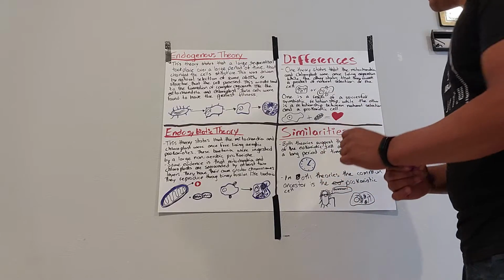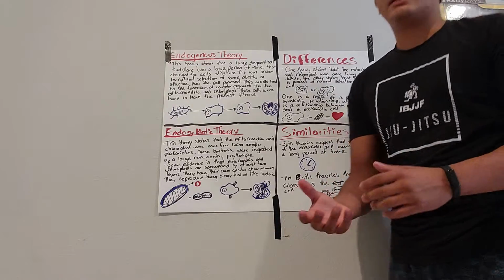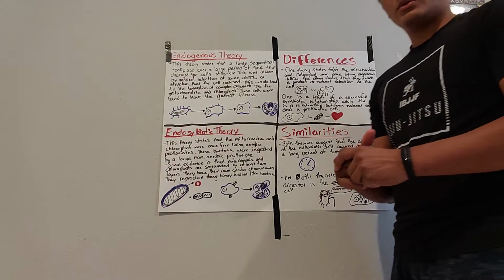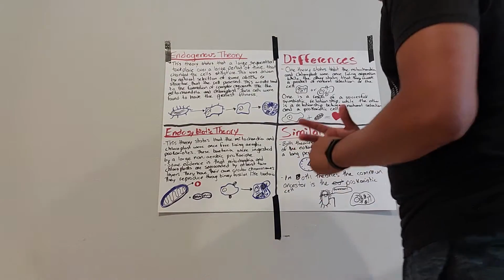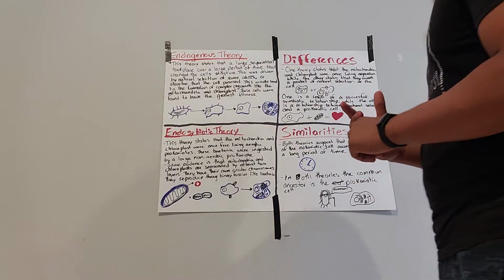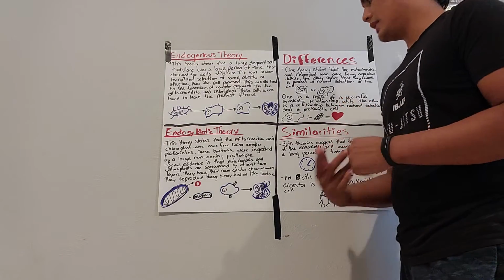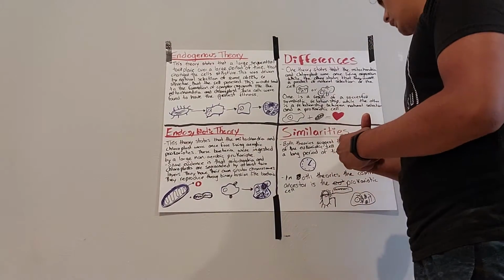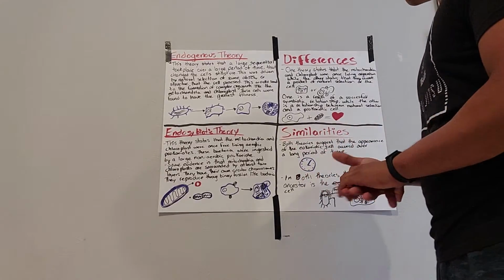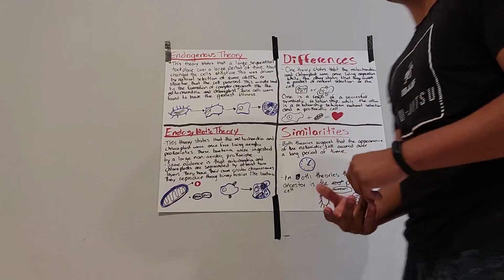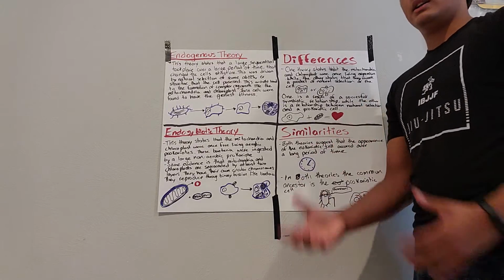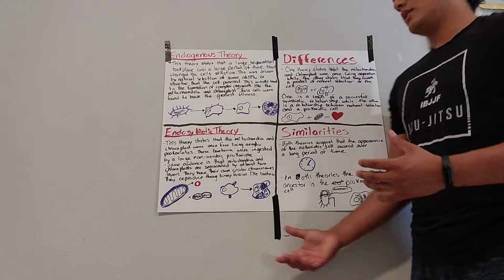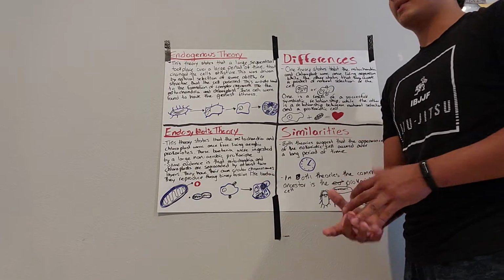Another one is that one theory is a result of a successful symbiotic relationship between two bacteria that came together to create a more successful, a more advanced cell, and the other one was a relationship between evolution and a cell that would eventually become a more advanced cell.